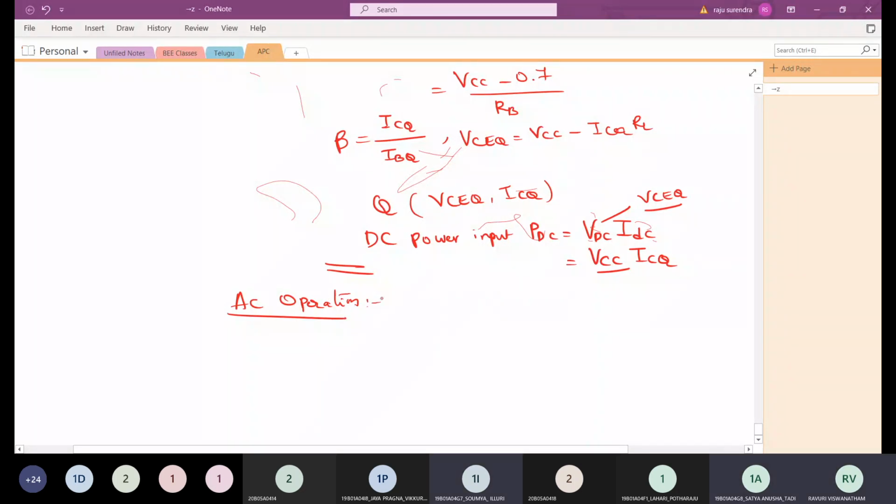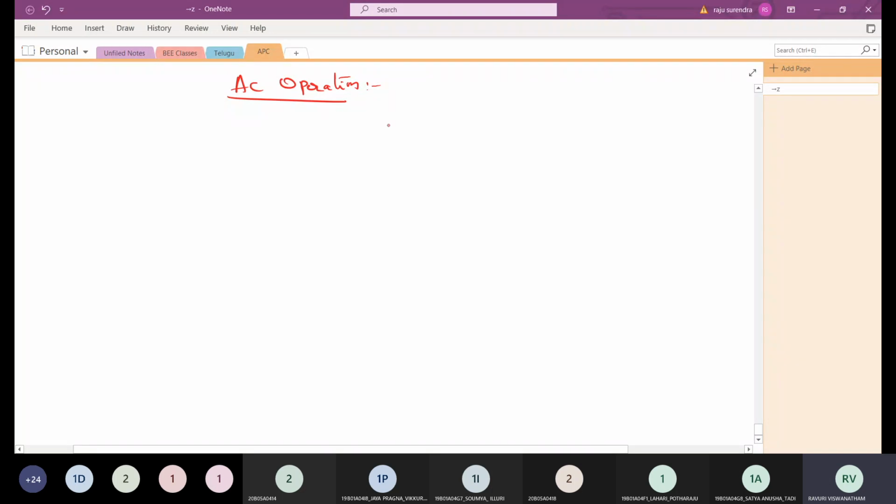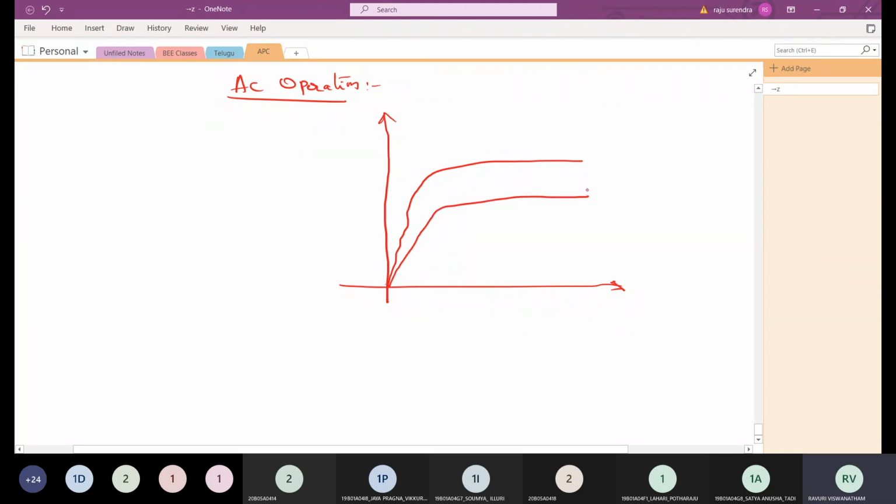Now we already mentioned that for class A power amplifiers, Q point is at the midpoint of the load line, which is at the various IB values.